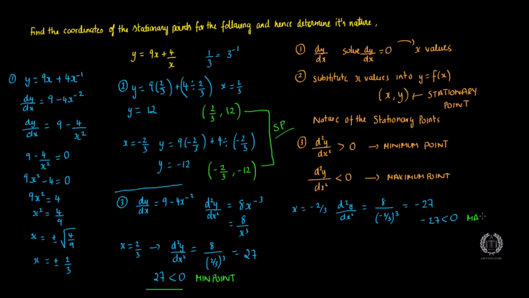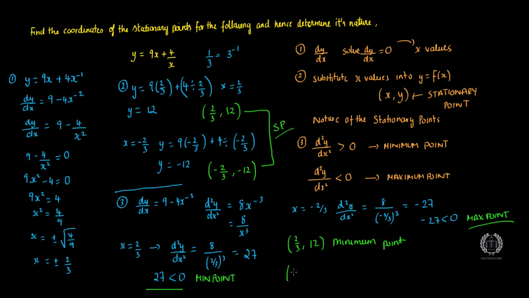So how would I write this as a final answer? If I take my coordinates, my stationary point, 2 over 3 and 12, when we put 2 over 3 in, we got 27, and that gave us a minimum point. So this stationary point is a minimum point.